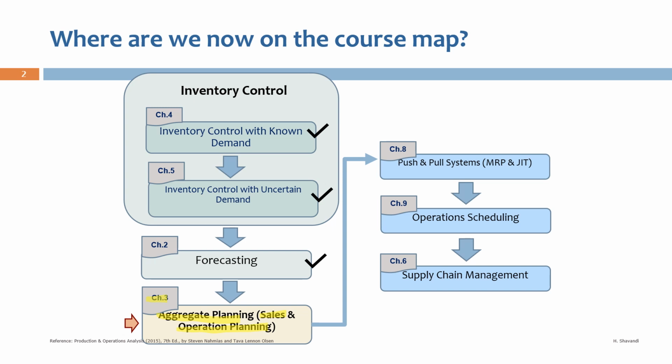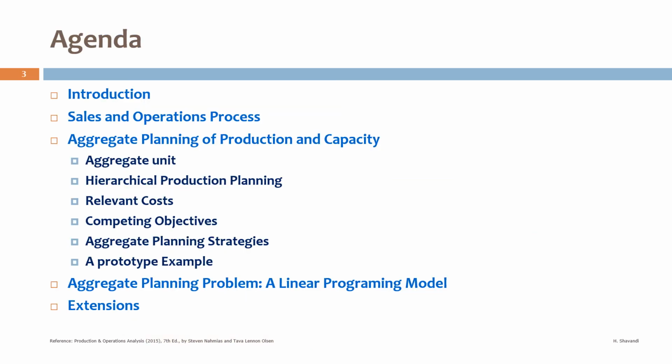As the agenda of this chapter, at first we'll have an introduction to aggregate planning, and then we'll see what's the process of sales and operations planning in a typical manufacturing firm. And then we'll go through the aggregate planning of production and capacity.